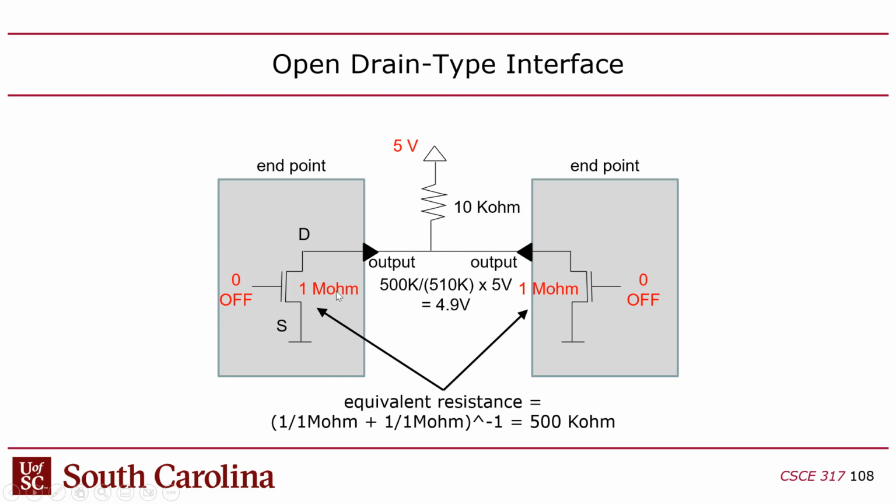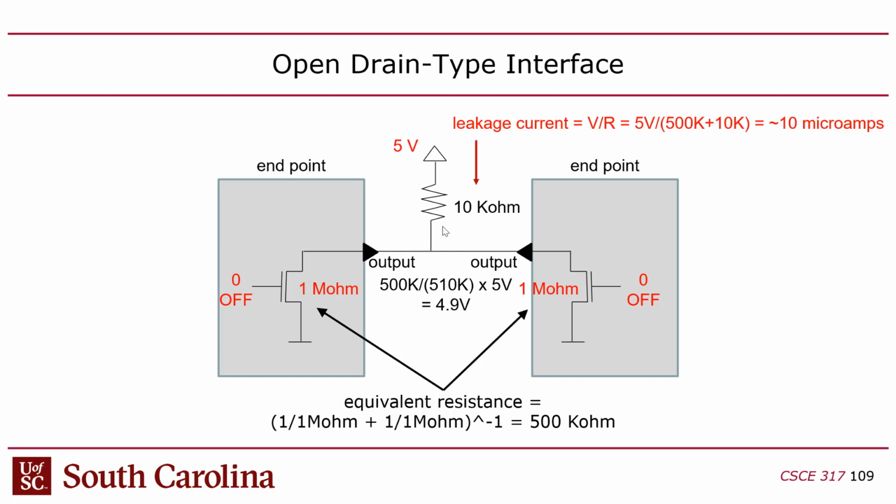The 1 mega ohm off resistance of the transistor is so large compared to the 10 kilo ohm pull-up resistor that there's usually only maybe a 100 millivolt drop. So in other words, if the gates on both of these transistors are off, then the voltage on that line will be about 4.9 volts, something like that. Okay.